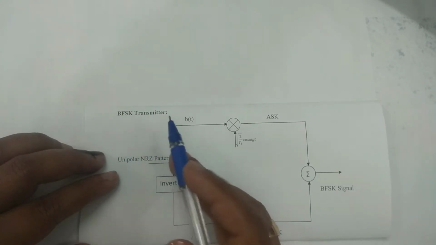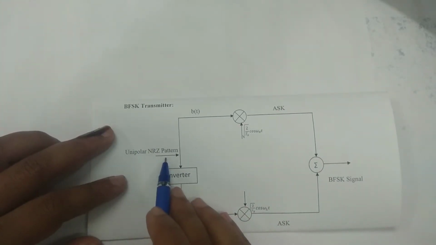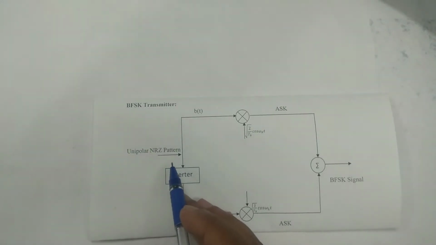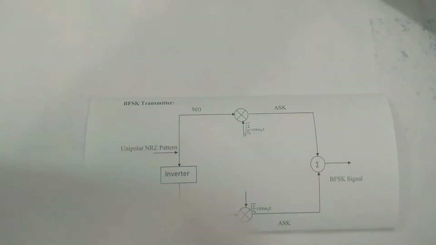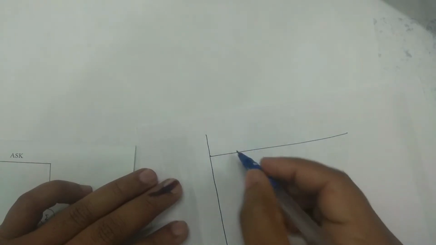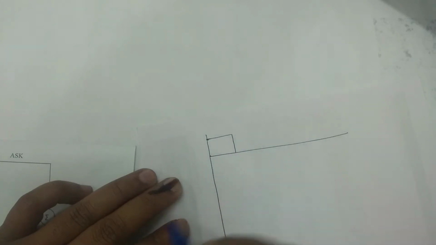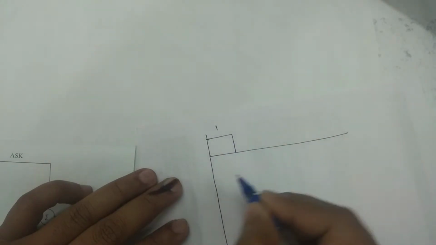Now the input signal is a unipolar NRZ pattern, which means the input signal will be unipolar. For bit 1 the output will be a positive polarity. This is bit 1.